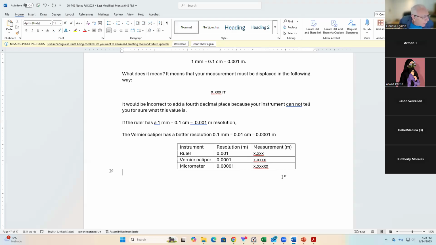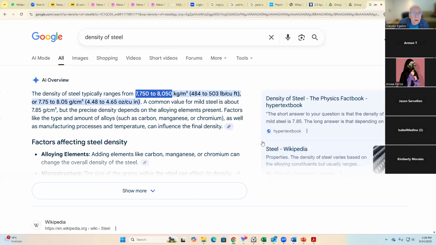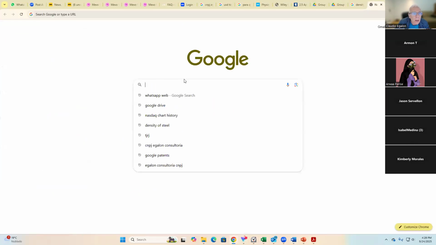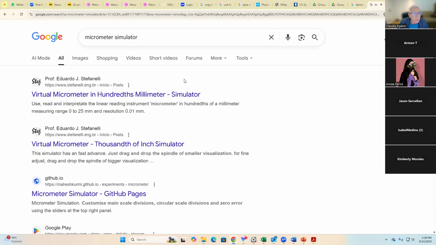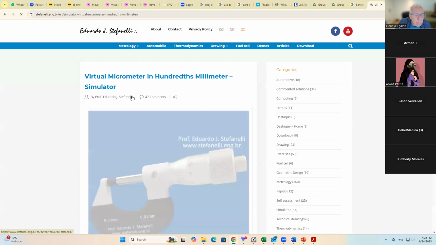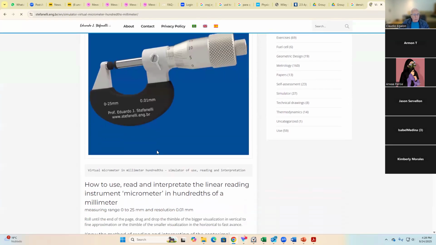I can even get a simulation for you to look at it. Let's see if I can get it. Well, you know what? Doesn't matter. Micrometer simulator. Virtual micrometer in hundredths of millimeters, okay? Simulators. Here you go, the virtual micrometer.